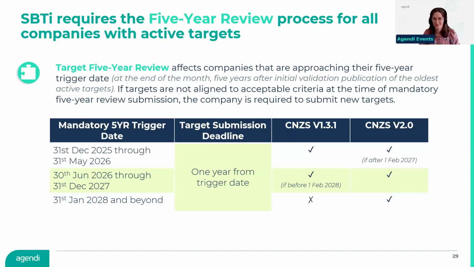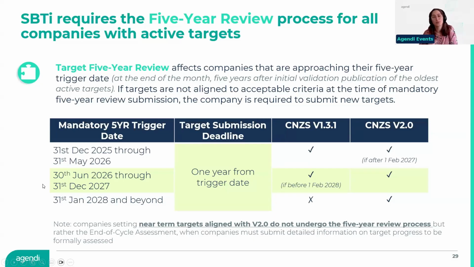Again, it has to be the complete target. Last thing to note here about 5-year reviews is that if you do set a near-term target in alignment with V2, targets do not undergo this process because targets are 5 years. Instead, they go through that updated end of cycle assessment where you would have to submit detailed information about the target process, and then that is formally assessed by SBTi.